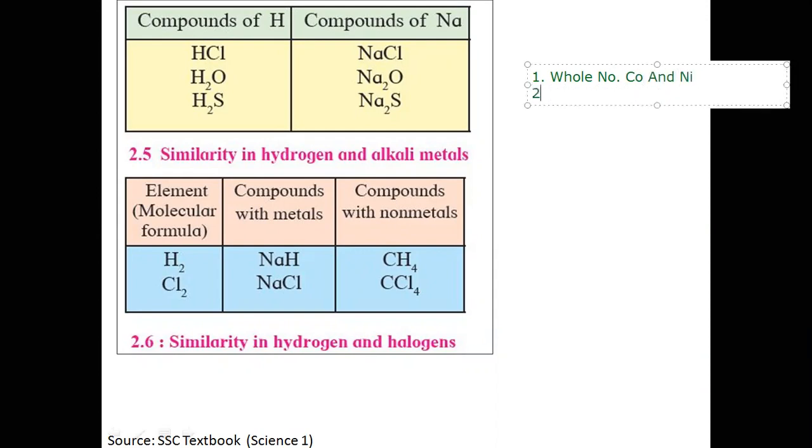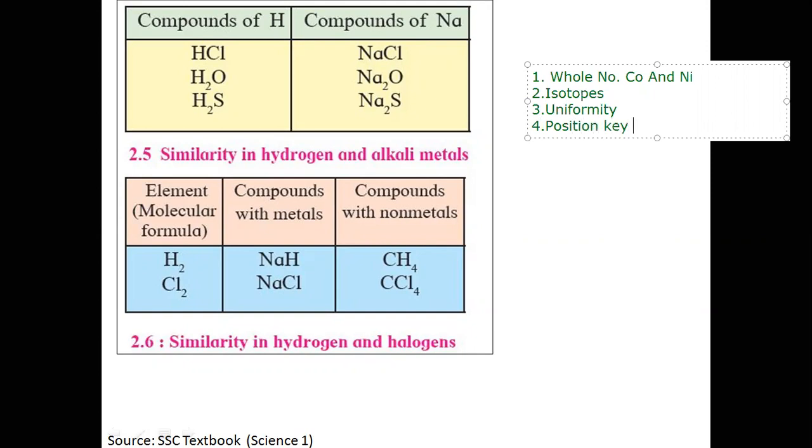The second demerit is about isotopes. They have similar chemical properties but different atomic mass numbers, so there is a challenge to arrange these elements. The third one is regarding uniformity. And the fourth one is regarding the position of hydrogen. So this is the answer for demerits of Mendeleev's periodic table.